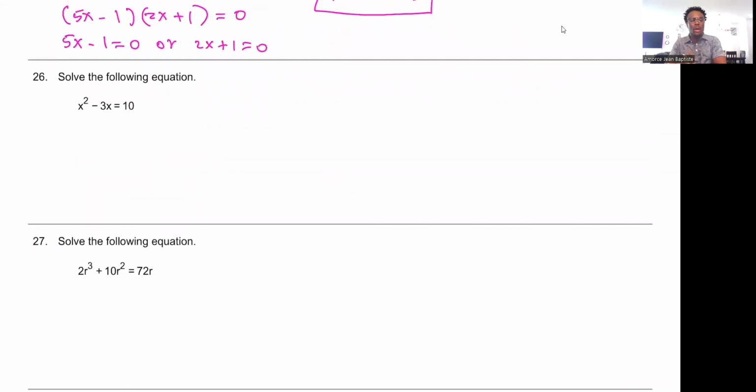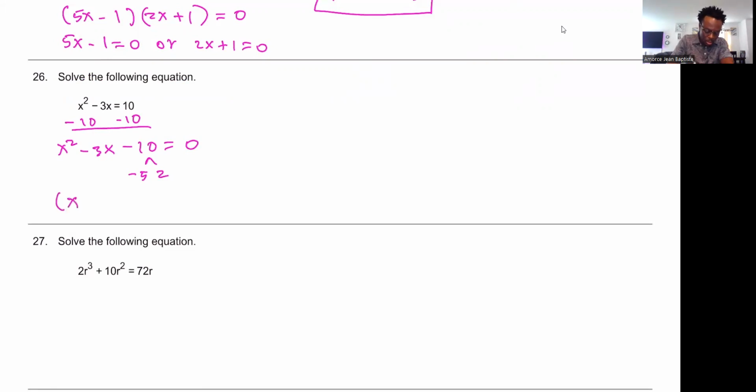Let's solve these two problems here. So we want to zero out, right? So x squared minus 3x minus 10 equals 0. Two numbers to multiply to get negative 10 and to add to negative 3 are 2 and negative 5, and then it's a monic trinomial.